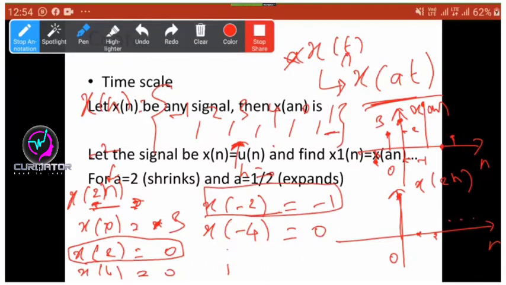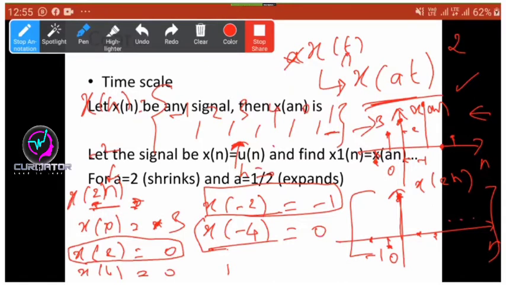On this side, for n equal to minus 1, I got x of minus 2, that is minus 1, like this. And when n equal to minus 2, I got x of minus 4, that is also 0. So when I see this signal, I feel this x of n is actually shrunk with scaling factor 2.